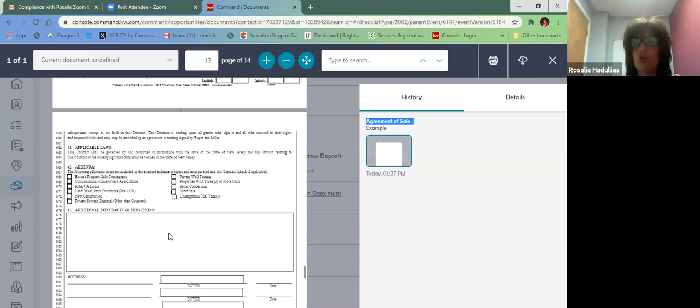Like if it's being sold as is and you want the buyer to be aware that the property is being sold as is, you would put that in additional contract provisions. Buyers aware, property is being sold as is, home inspections for informational purposes only, whether it's a short sale. So whatever you would need to be put in here that is not in the contract, that's where you would put that.